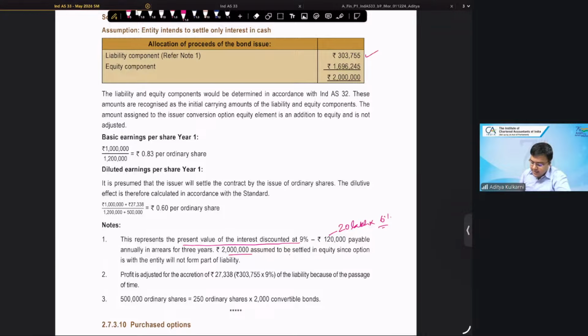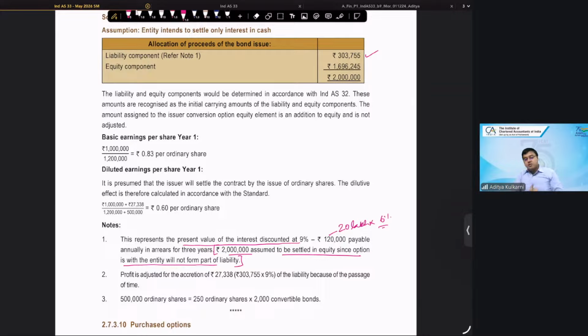Rupees 20 lakh is assumed to be settled in equity since option is with the entity and will not form part of the liability. So here the institute has given its assumption. See, it is a convertible instrument, but that convertible instrument is convertible at my option, the option of the issuer, not the option of the holder.